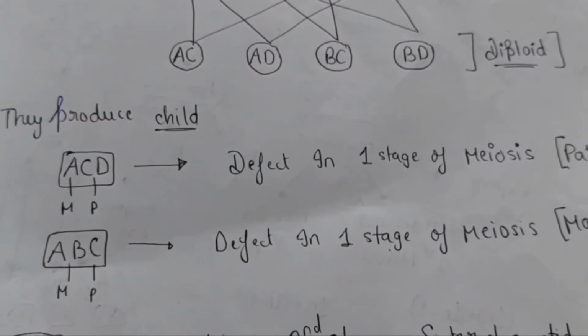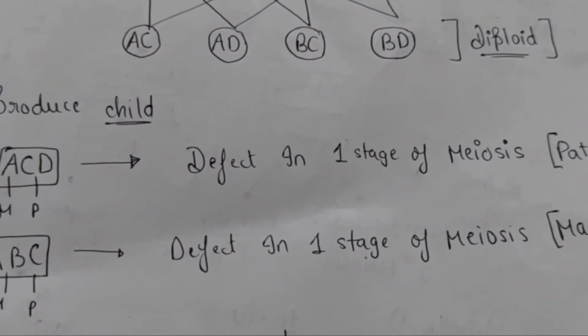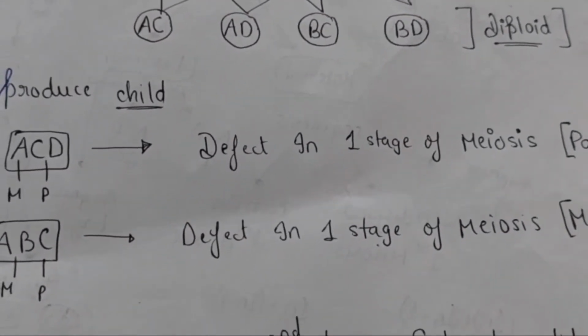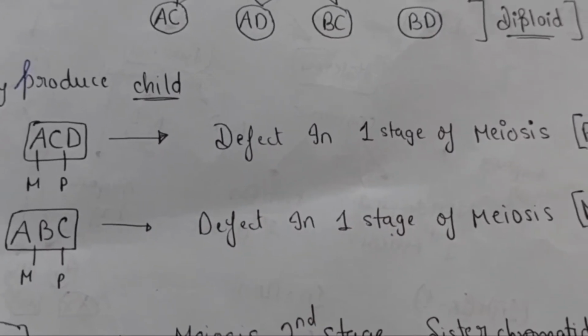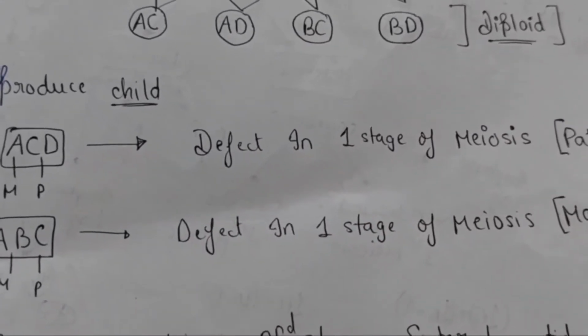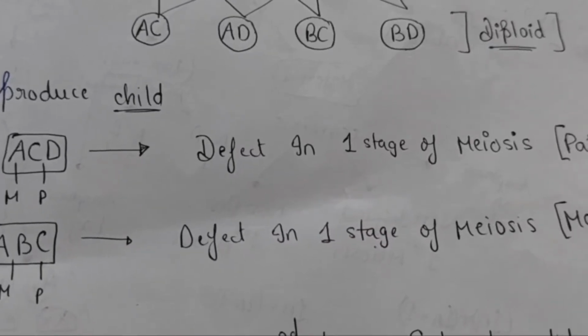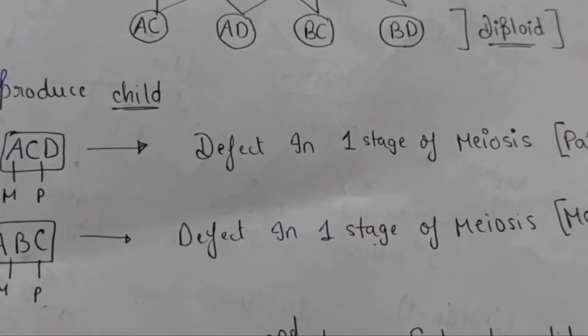Then if there is a possibility of the zygote genetic makeup being A, B, C, we again know that A came from the mother and B also came from the mother, but C came from the father. So this means there was a disjunction problem during stage 1 of meiosis, but maternal.